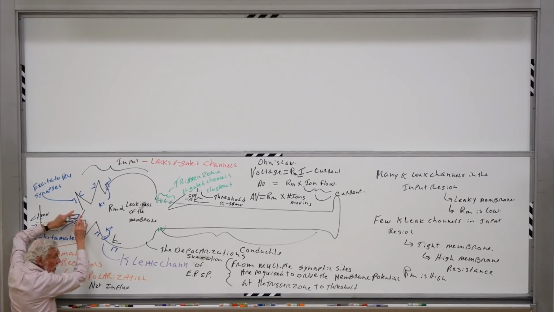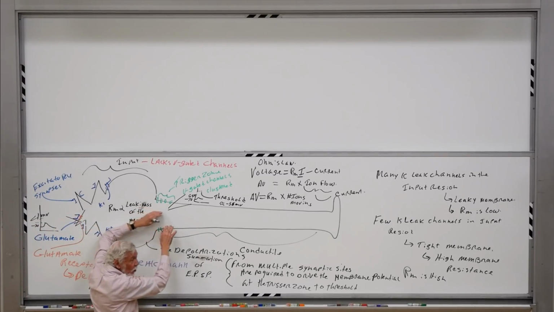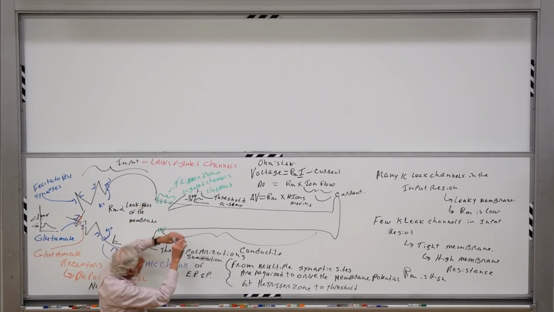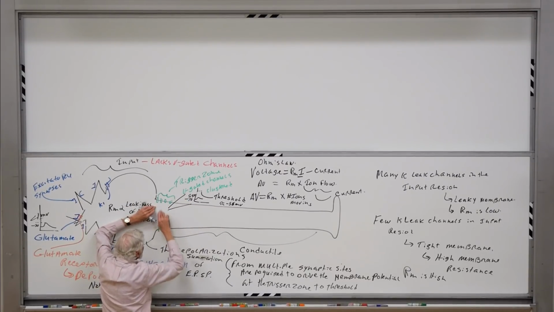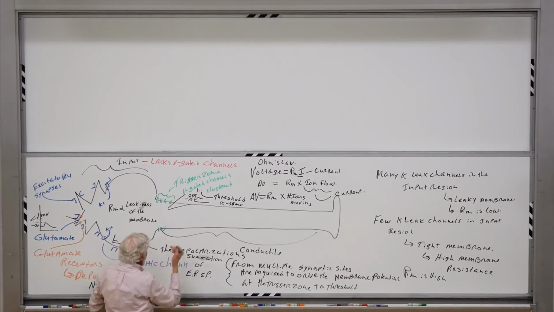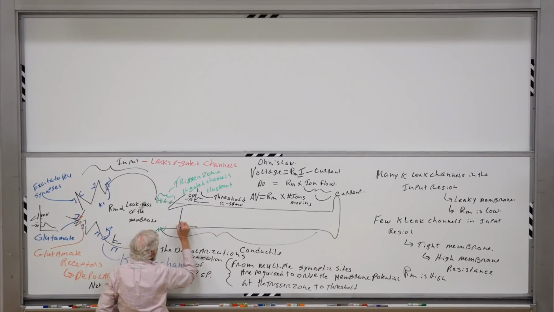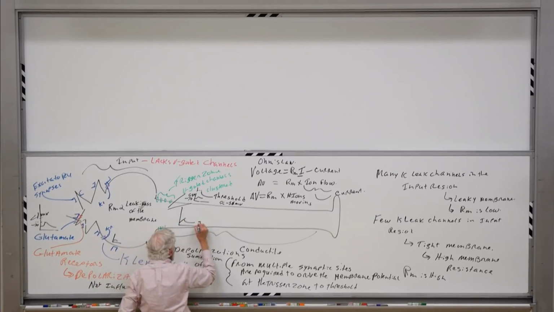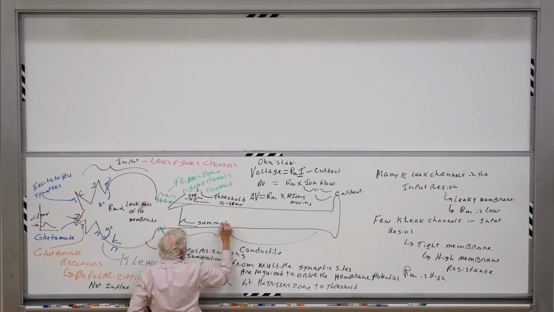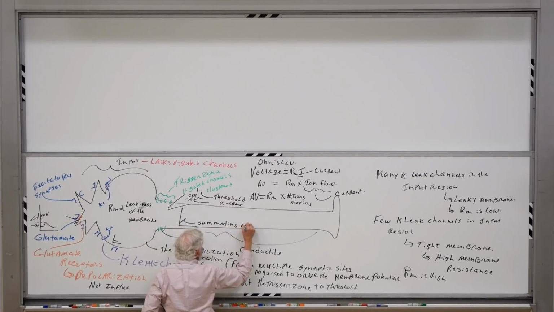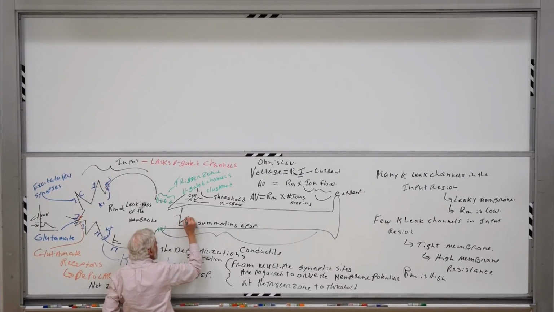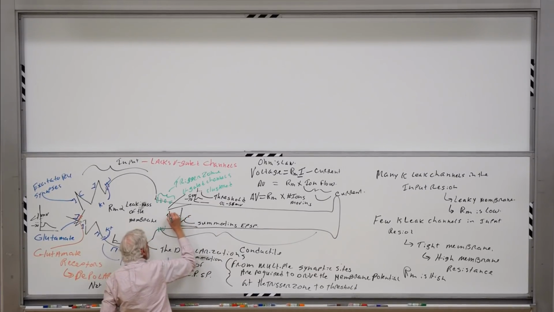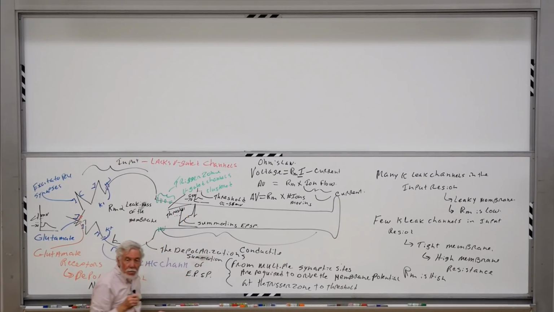Each of these tiny potentials needs to add together to provide just a little bit of oomph to provide sufficient positive charge at the trigger zone to get these voltage-gated channels to open, such that once we depolarize by summating EPSPs, the summation of these EPSPs will drive the membrane potential to threshold, and at that point fire an action potential.